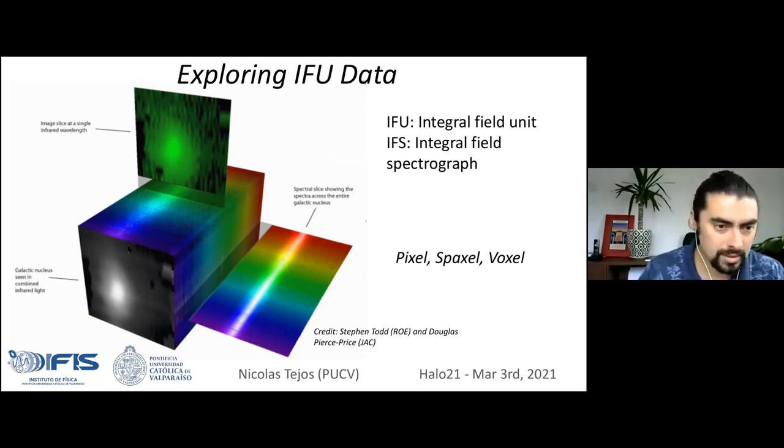And a spaxel is an element of a data cube in the two spatial axes. So the difference between a pixel and a spaxel is that the pixel is just a value in the image. A spaxel has a spectrum associated to it, so it has several values, one for each wavelength.